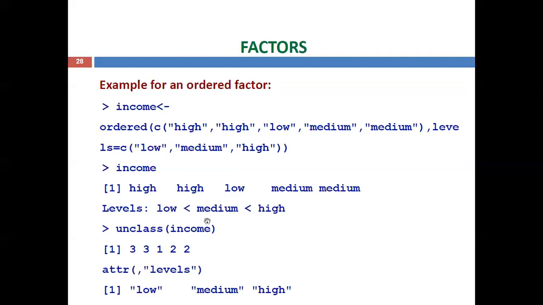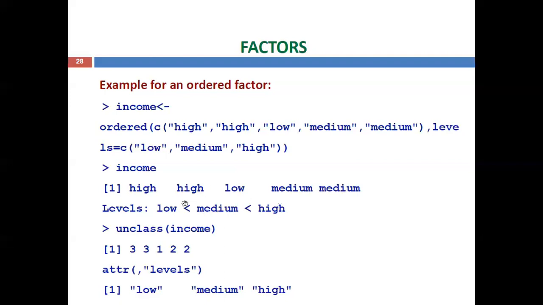See, by providing the relation, low less than medium less than high. So like this it displays whenever you use ordered. Whereas by using factor, the levels are displayed in the same order, but it won't mention the relation like less than. So that is the difference.